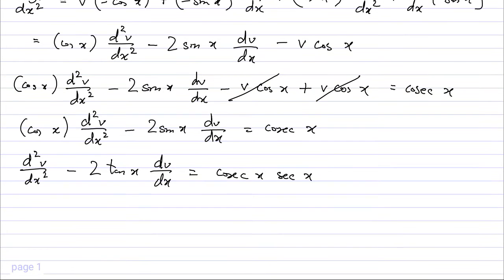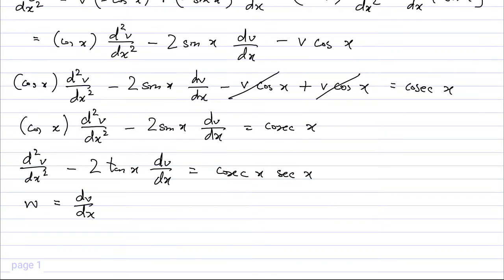Then you can make a substitution that w is equal to dv by dx, and you can now write your second order differential equation as a first order differential equation in w. So dw by dx minus 2 tangent of x times w is equal to cosecant x secant x.